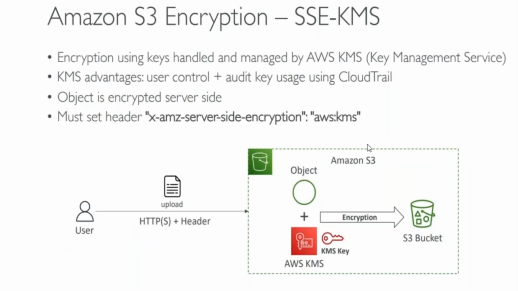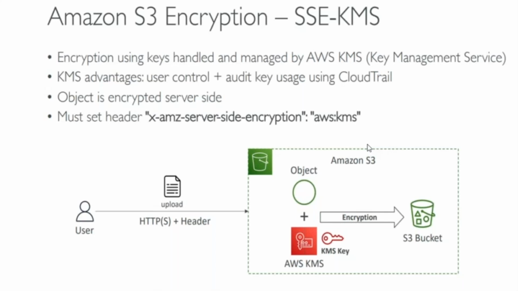Then team, we have Amazon S3 encryption with SSE-KMS. If you're using this option, it is encryption using keys handled and managed by AWS KMS. I'm going to show you this in practical. We have to create our own keys and use this key. What are the advantages of using this? The user has control plus audit of key use.